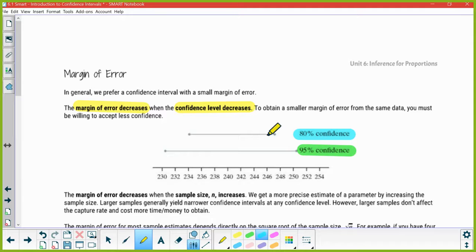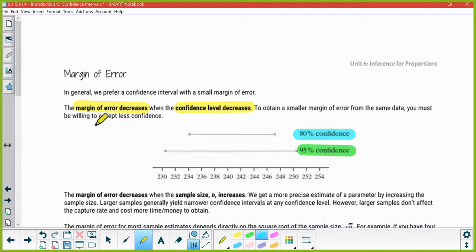Let me give you a better estimate. I'm about 75% confident that you'll get between a 70 and a 90 on the test. My interval shrunk and my confidence level shrunk, because I'm less confident in a smaller interval than I would be in a larger one.